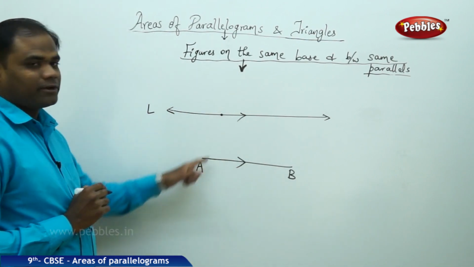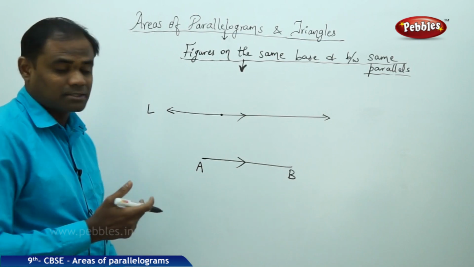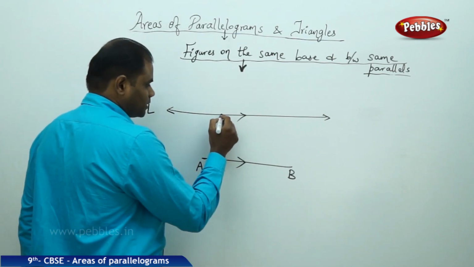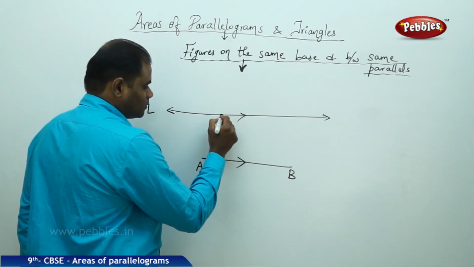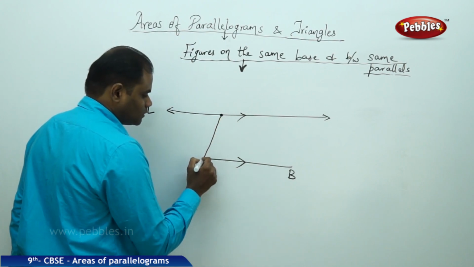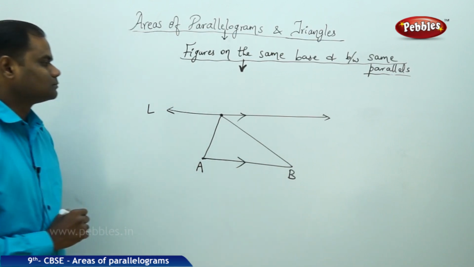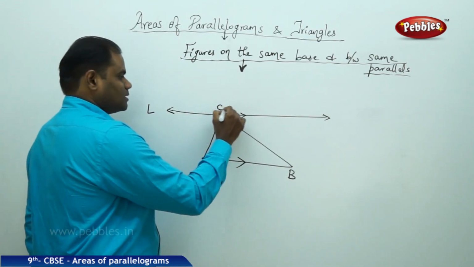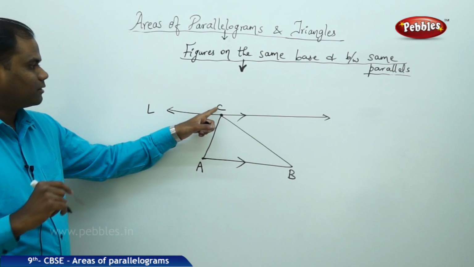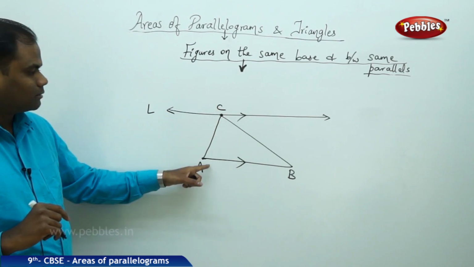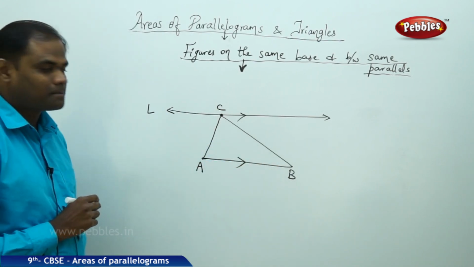Suppose I draw a triangle with the base AB, and let's see figure 1, which is obtained by drawing a triangle. Let C be the point on the parallel line where a triangle is formed.